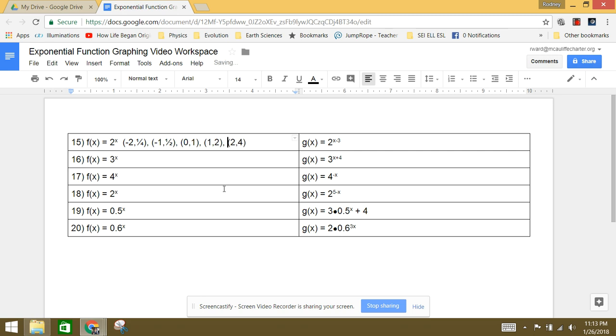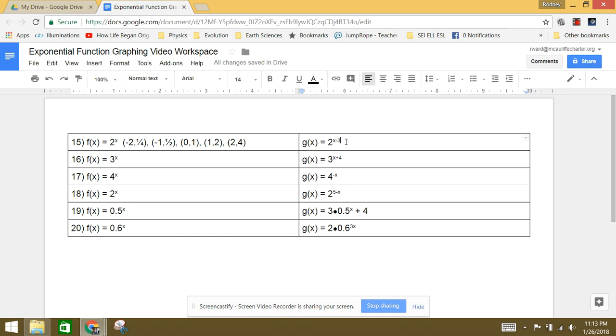Now you're going, well, what do I do about this x minus 3? Well, what this means is, if it's x minus 3, we're going to have a different effect. So we're going to be shifting our function just a little bit.